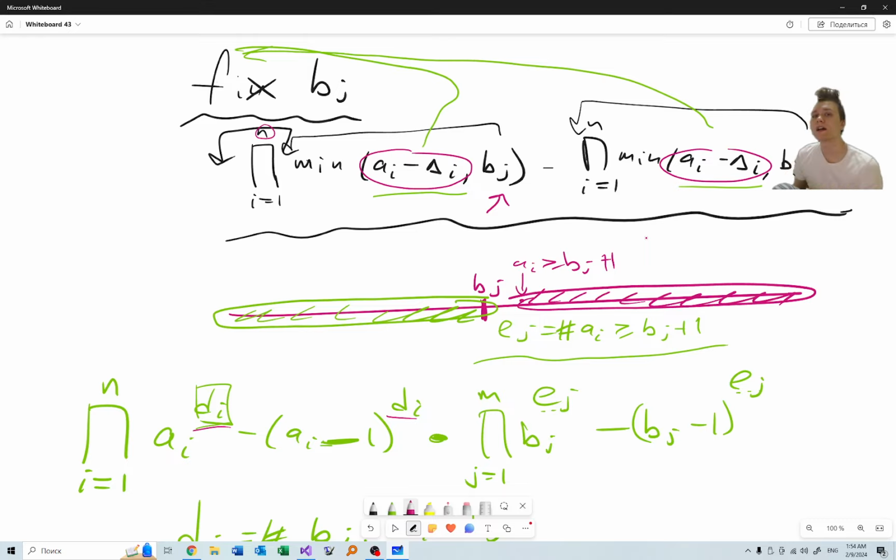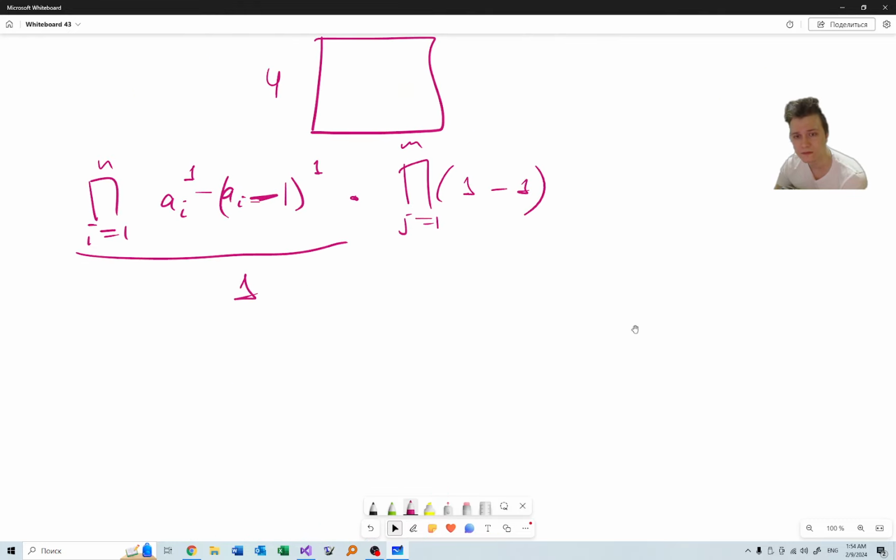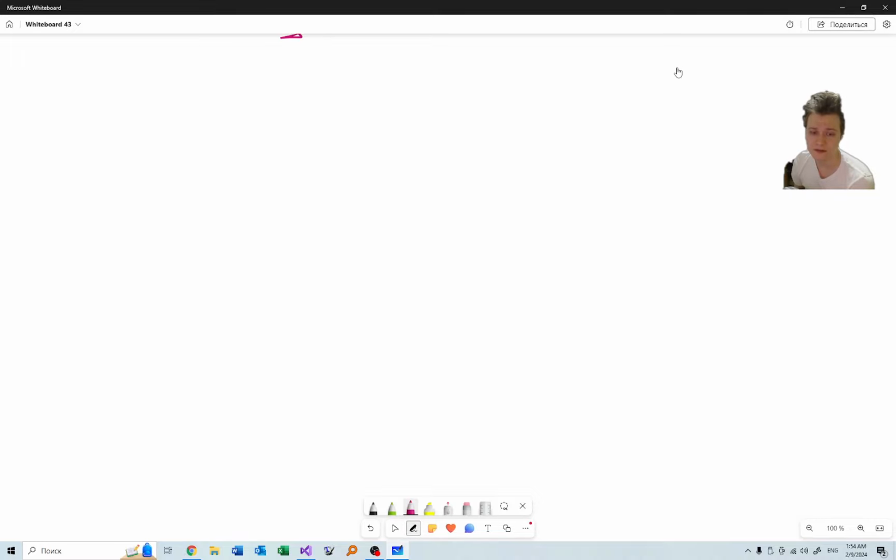Ah, I see where the catch is. The catch is in the numbers ai equal to bj. So it's actually making our solution more difficult, but let's look at them.